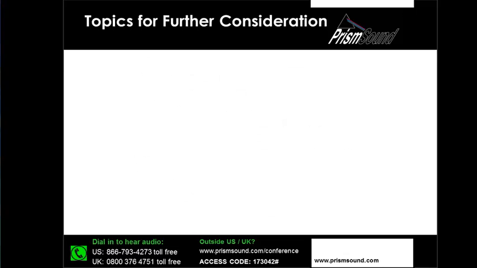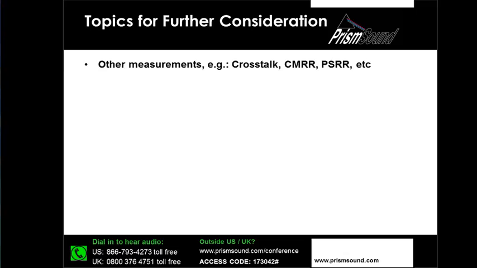Alright, so some topics that we've not had a chance to cover in detail here today. We didn't really look at a huge range of measurements. We concentrated on distortion and output power. There are, as we saw earlier, many other types of results that we might want to measure on our amplifier. We might want to talk about high-speed measurements like multitones, for example.